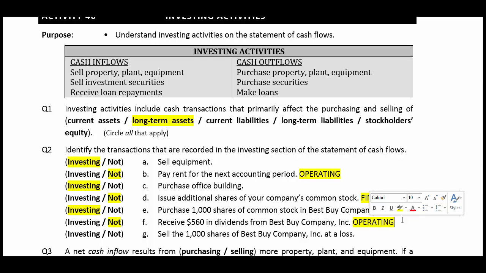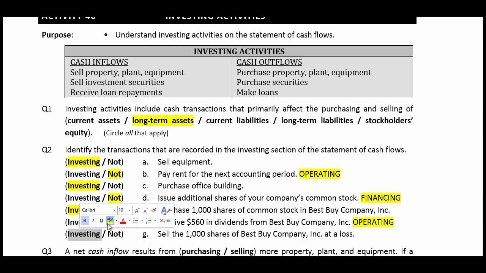Dividends paid is financing. These are extremely confusing. Sell 1,000 shares of Best Buy Company at a loss. It is investing. Why? You're selling an investment.